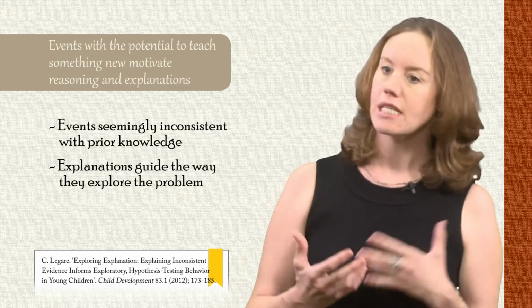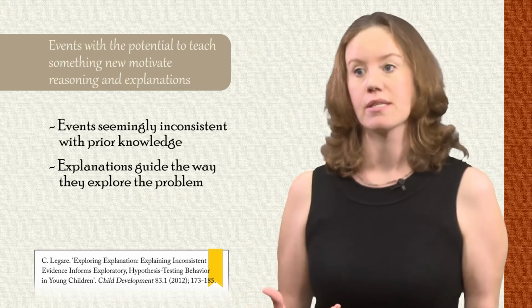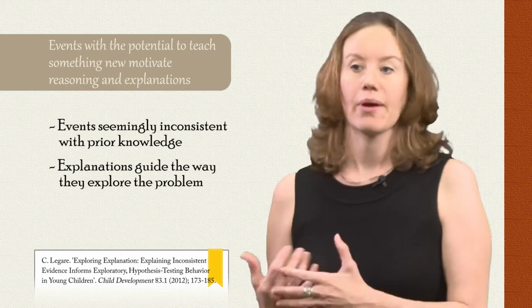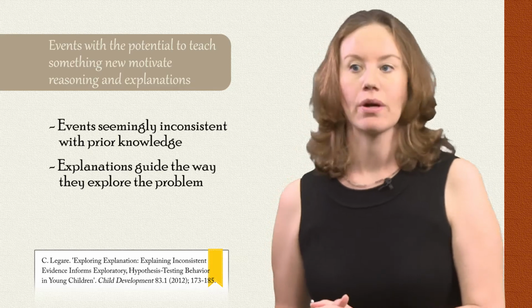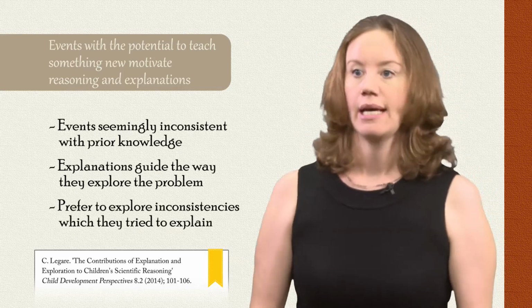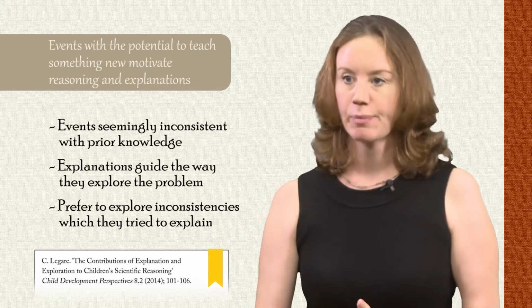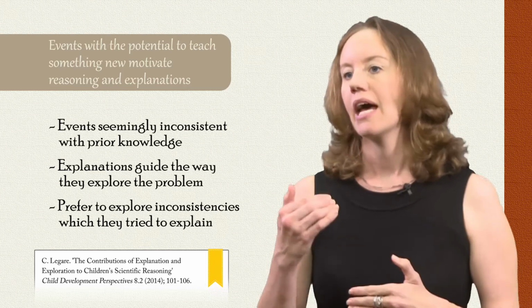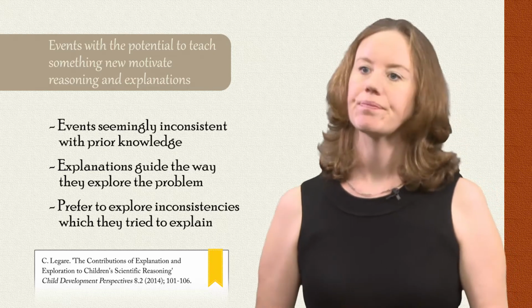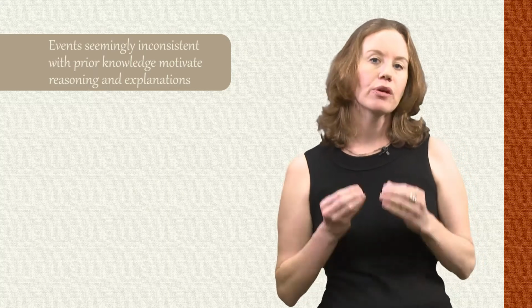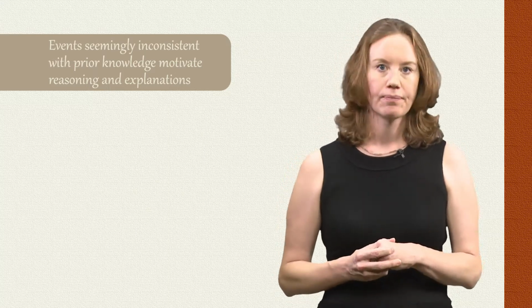So the way children explain outcomes influences the sorts of behaviors that they engage in to test whether their explanations are accurate or not. We know that children preferentially explore inconsistent outcomes that they have explained. So there's a dynamic process between explanation and further exploration. So I think explaining inconsistency is in fact a really crucial mechanism for learning.